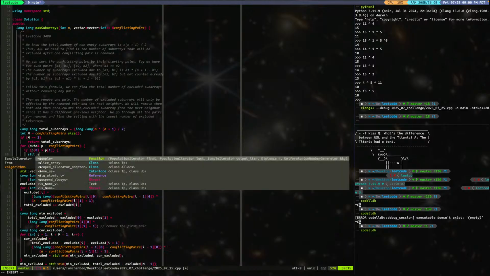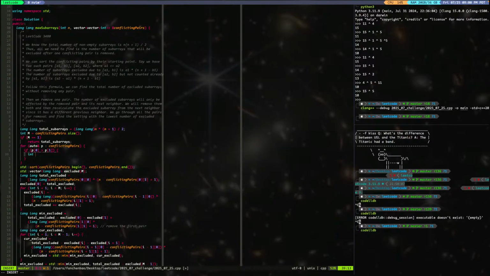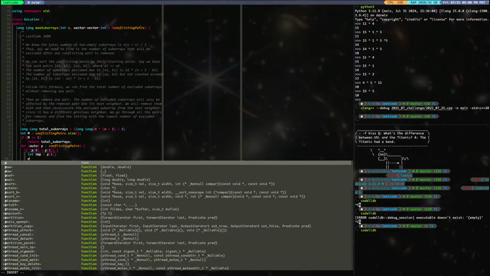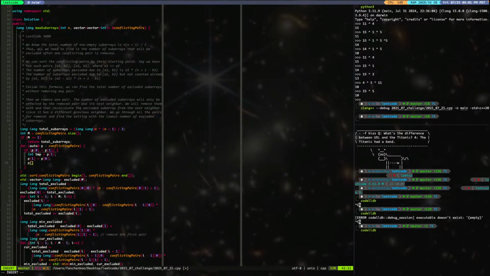There's no swap? P1 equal to P0 and P0 equal to temp. So we have to do a little swap.